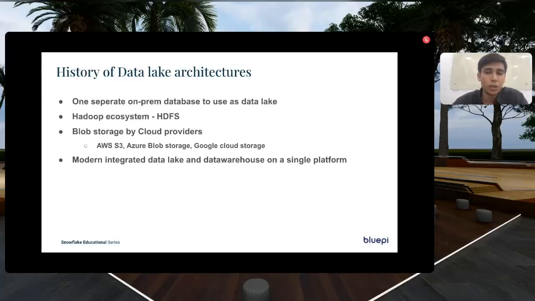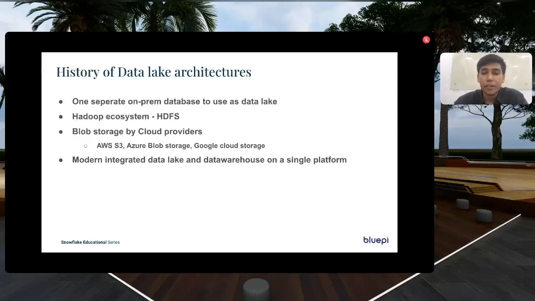What they used to do was provision one more database on prem, transfer all their data from these five databases to this one database, which is larger in size, of course, and then do their analysis over it. But soon, as the data volume rose, since it was on prem, it was very difficult to scale. So this architecture didn't fly.